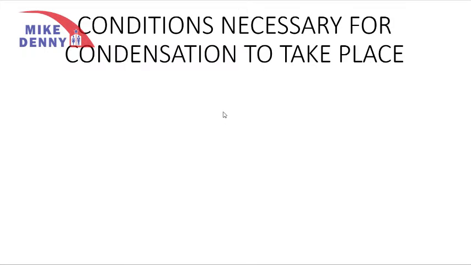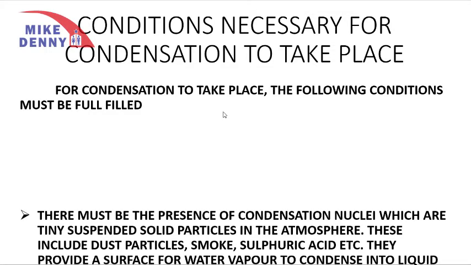Let's now look at the conditions necessary for condensation to take place. For condensation to take place, there are a number of conditions that must be fulfilled. First, the atmosphere must be composed of what is called condensation nuclei. And what are condensation nuclei?